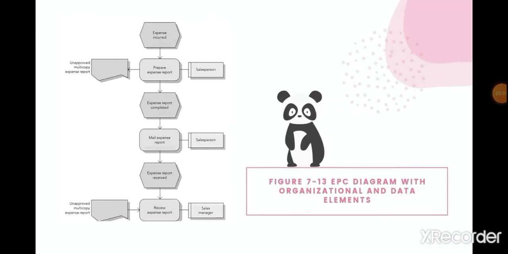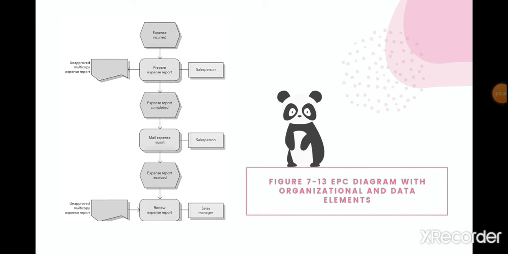The EPC diagram can be augmented with additional information. This additional information is called a data element. We can see that it shows the first part of the EPC diagram for the Fitter expense report process.